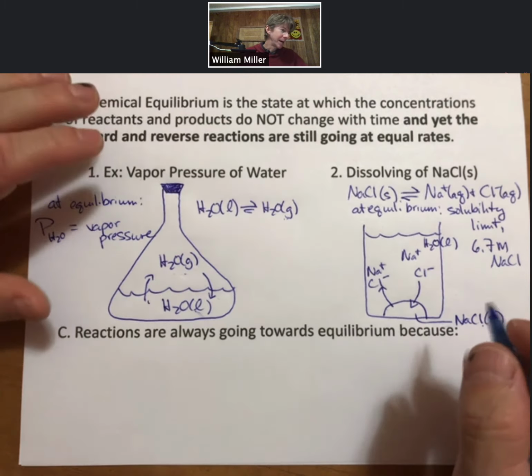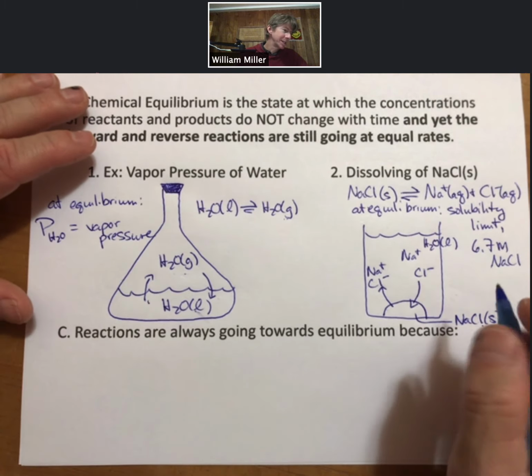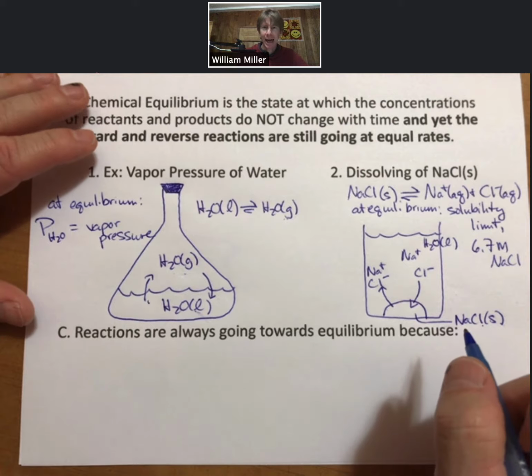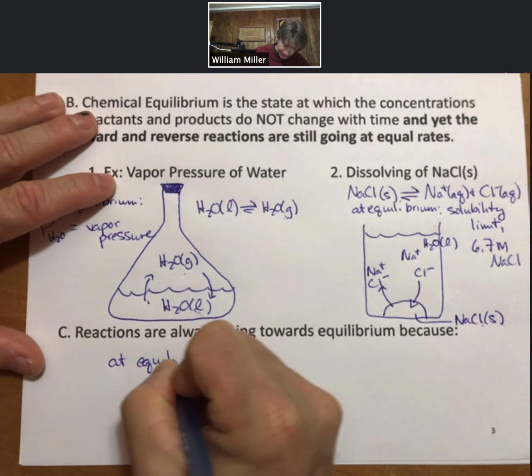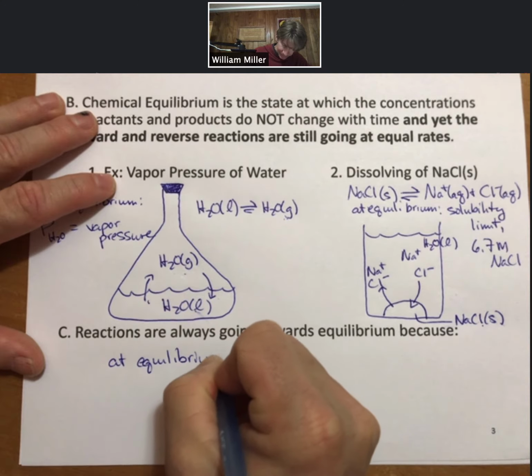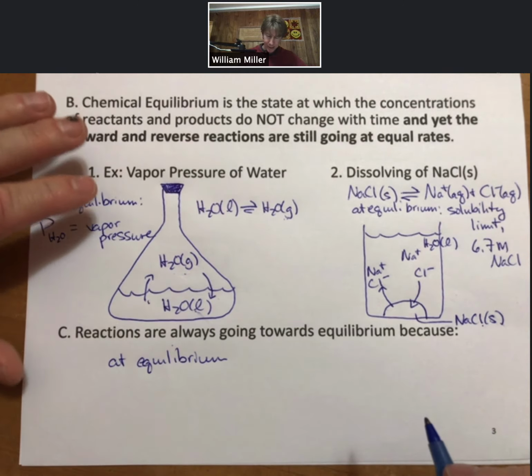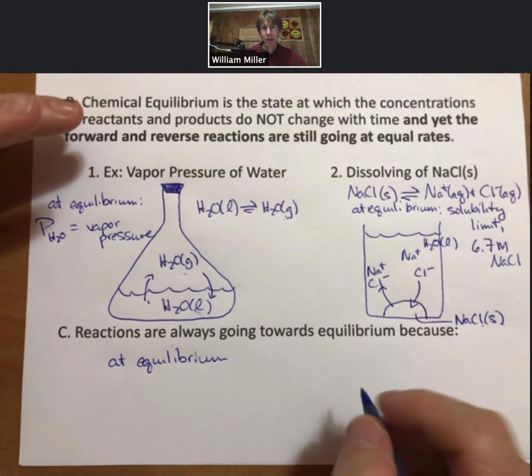Now, reactions are always going towards the equilibrium because at equilibrium, the reaction is at its lowest energy state.